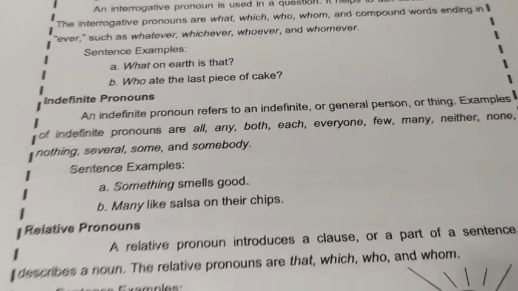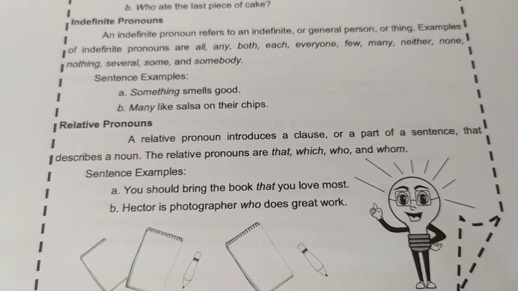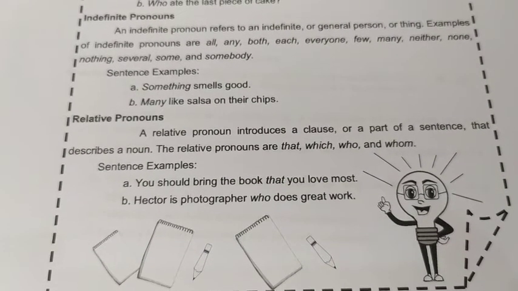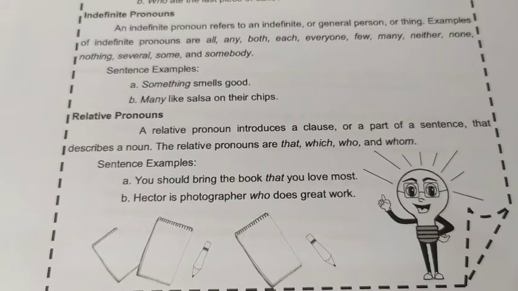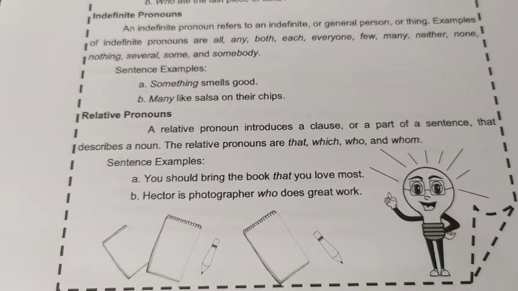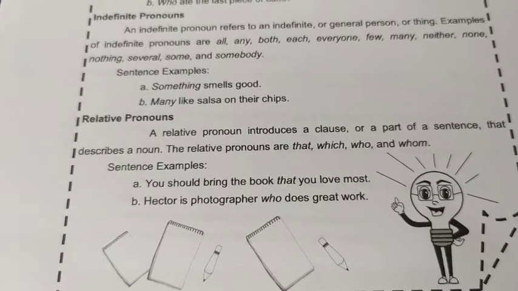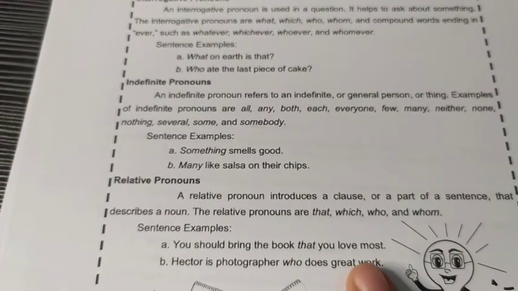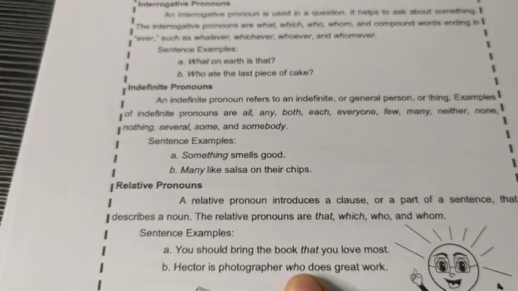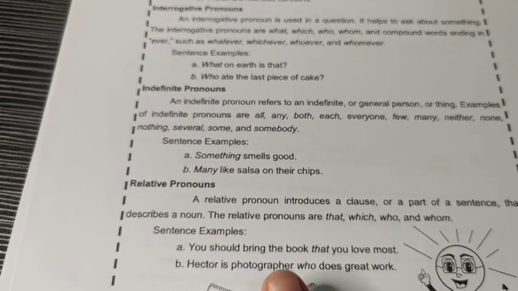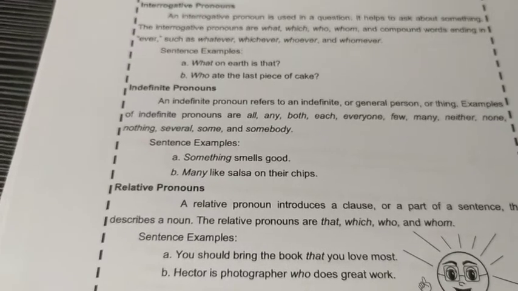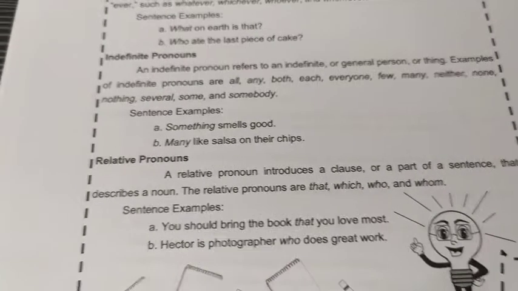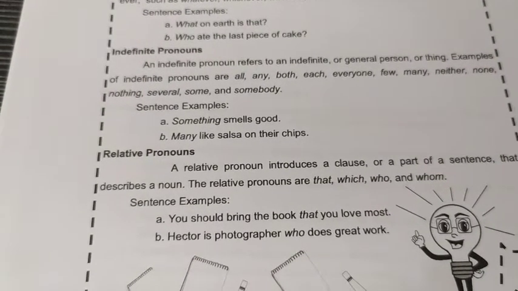Then relative is for associating, to have a clear understanding, to know what is being described or how the words inside the sentence are connected. For example, what is being loved? The book, because of the word that. Who does the great work? Because of the word who. Is it the photographer or someone else? The message itself is within the sentence, and we make it clearer with relative pronouns.